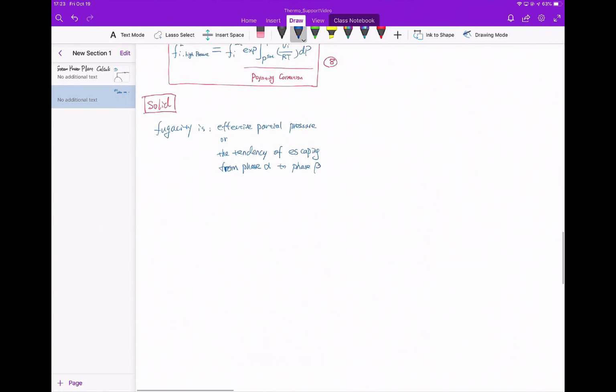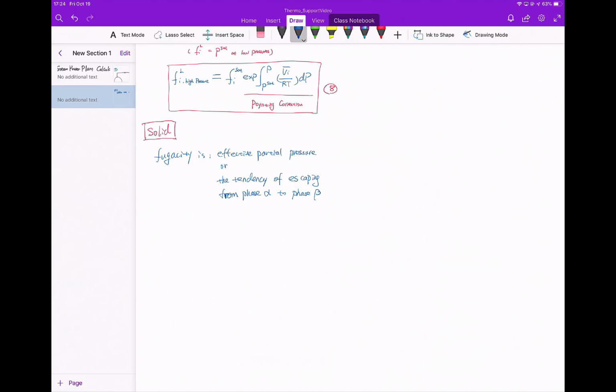But now I want to discuss some examples. I want to discuss part D, examples of chemical potential and fugacity calculations.